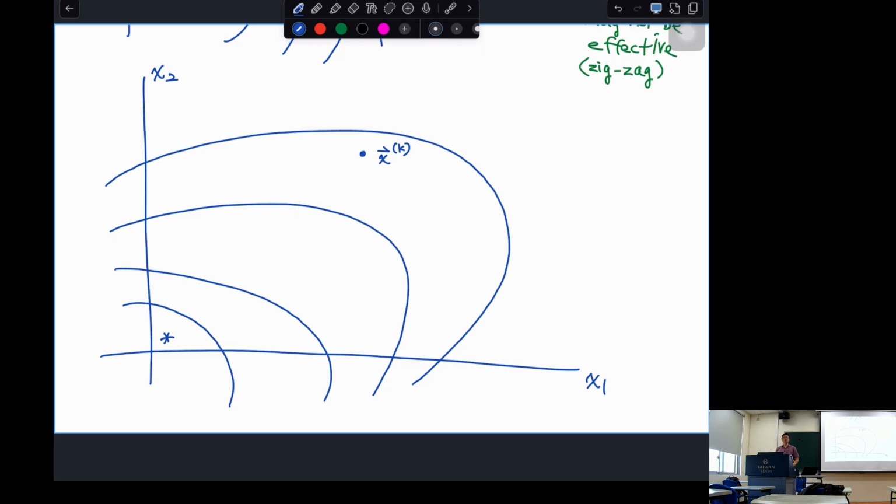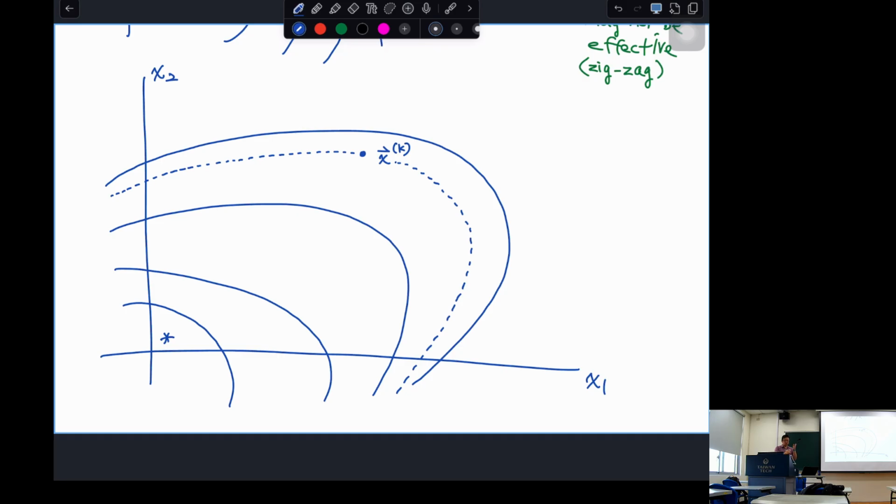So as I mentioned earlier, if you try to determine the direction of the gradient, it's perpendicular to the contour. So if you try to draw the contour that passes through the current point, it may look like this, right?